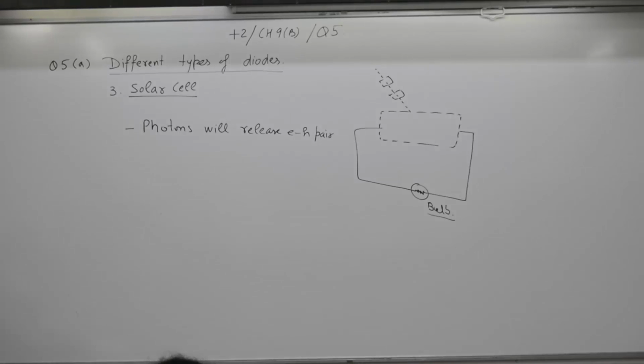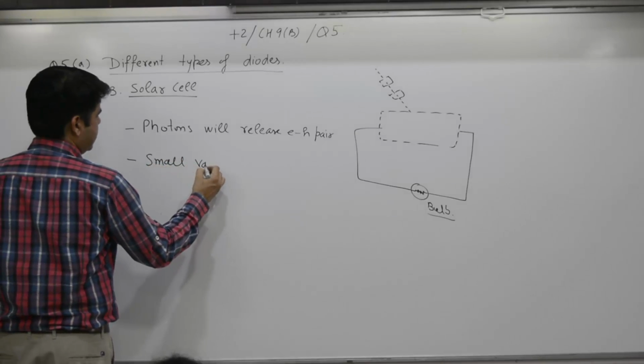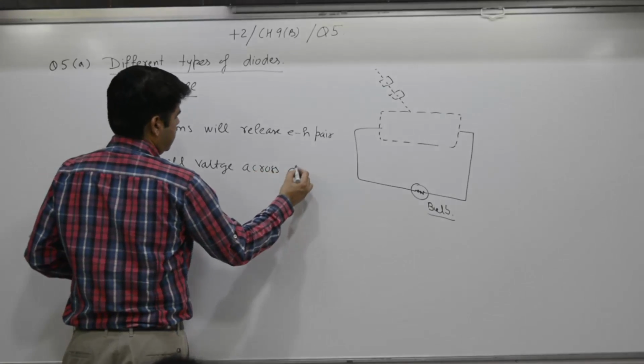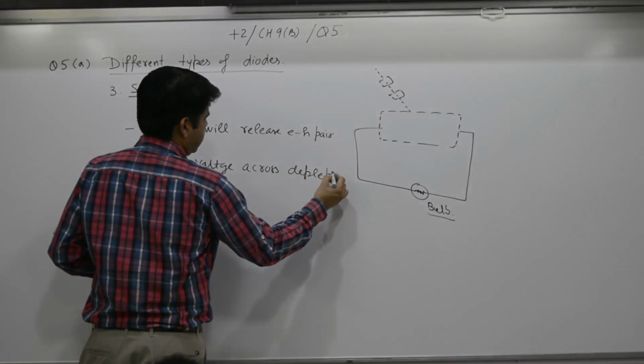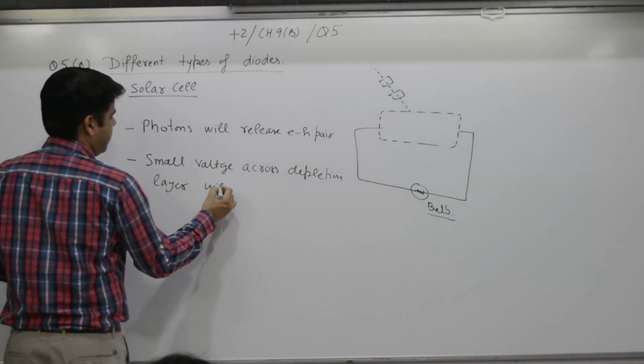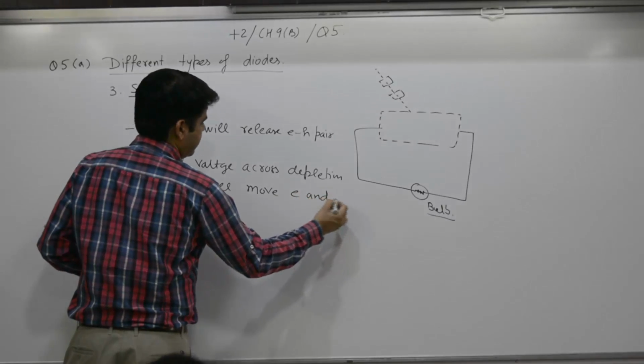You can say it moves the electrons and holes. That means the small voltage, the potential barrier across the depletion layer, will move electrons and holes.